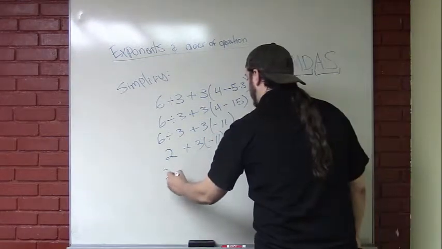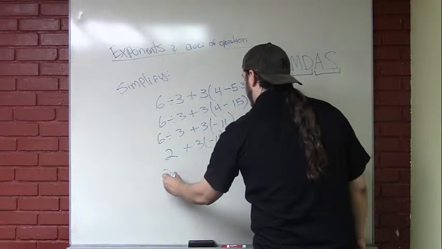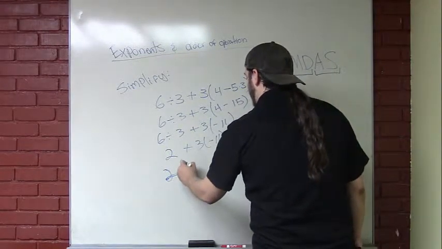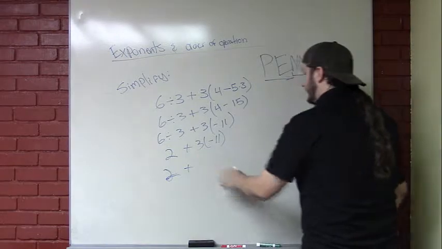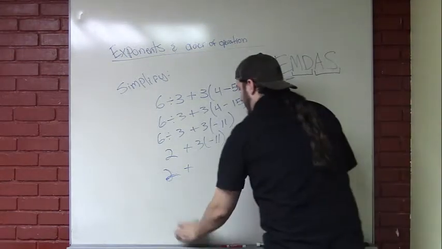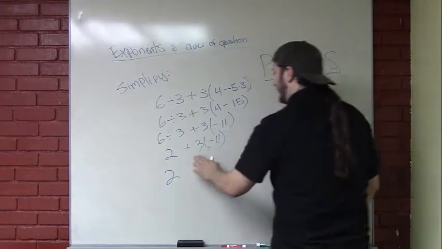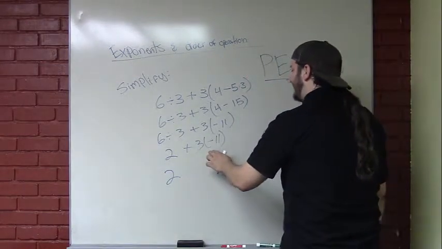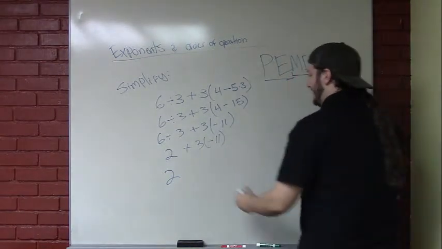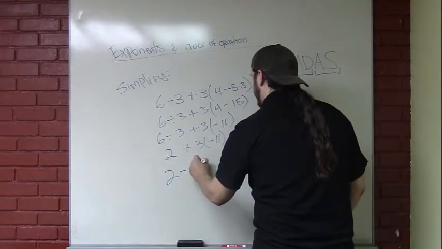So we have our 2 here, and then what's 3 times negative 11? It is negative 33.